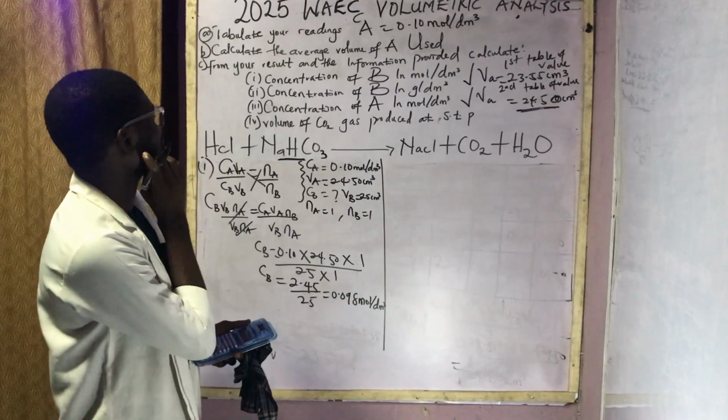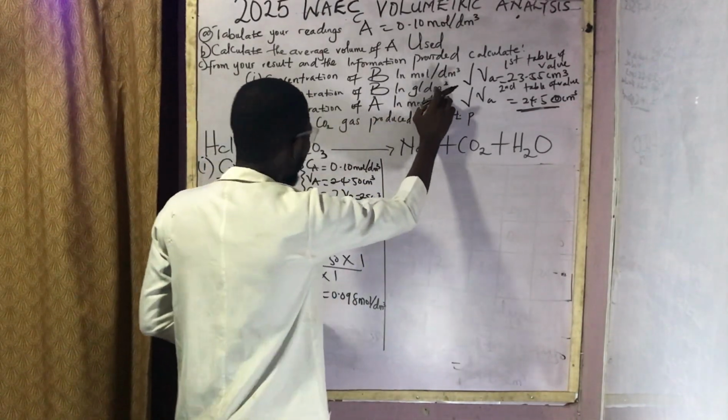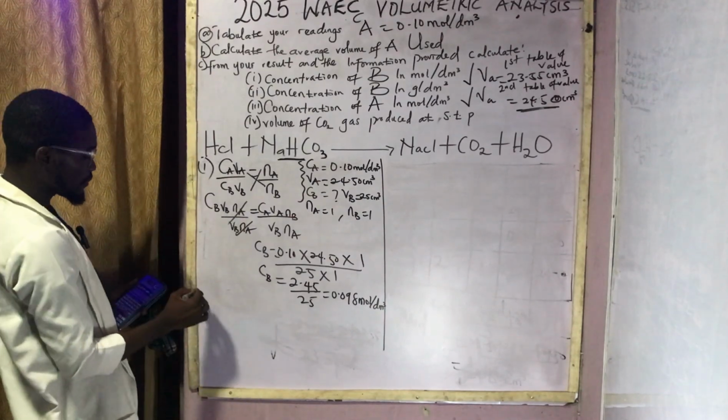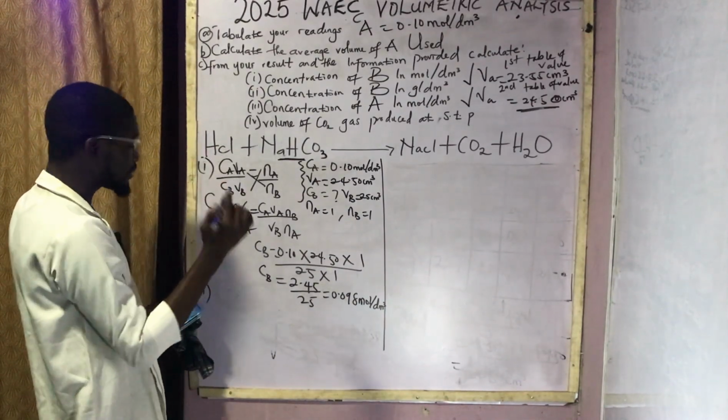The next thing we have to calculate is the concentration of B in gram per dm cube.